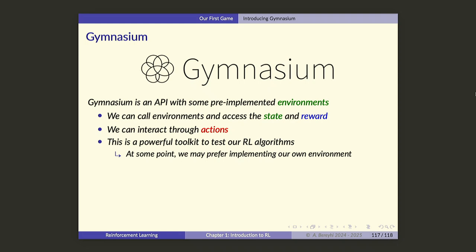So next Tuesday is the first tutorial, and Isan is going to give an overview of this Gymnasium. He will build one custom environment and also use one available environment, so that you see how you can use Gymnasium.